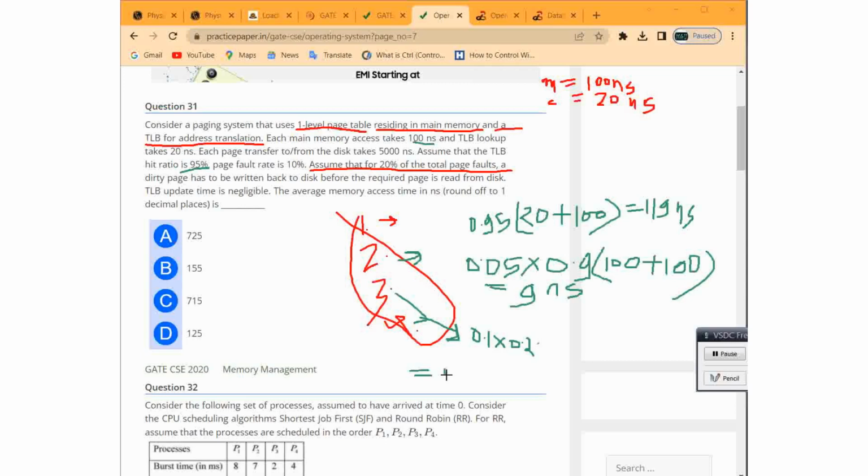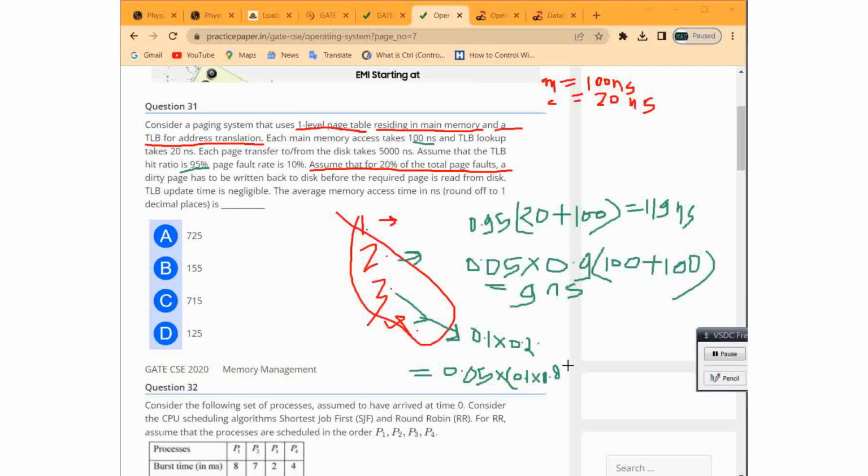This is the probability of a TLB miss, into the probability of a page fault, into the probability of a not dirty page.